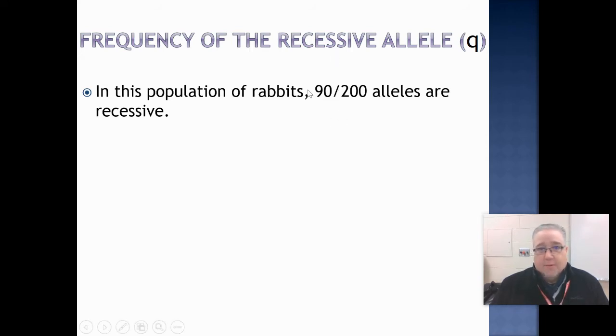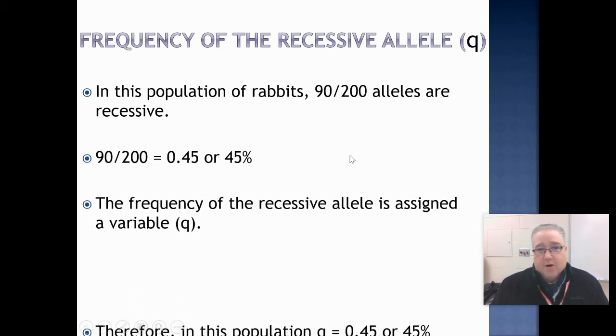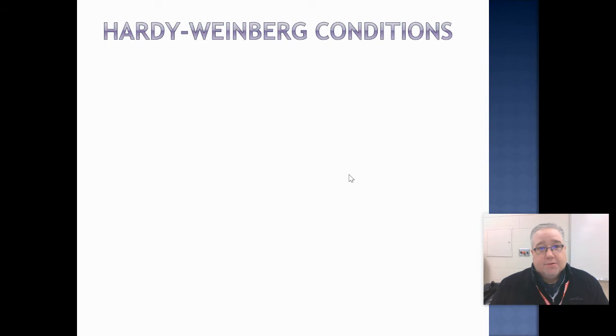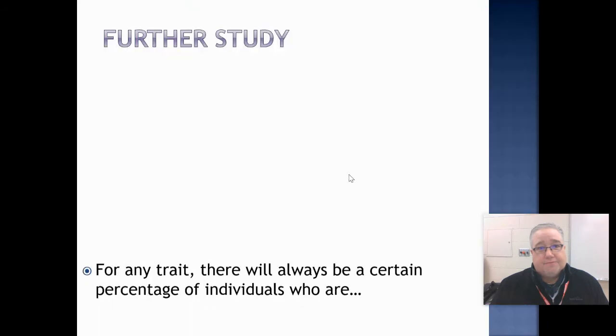If you know how many recessive alleles there are, you know how many total alleles there are, you can figure out what the frequency of the recessive allele is. And also remember, P plus Q always equals 1, okay? All right, so now let's get into today's stuff.